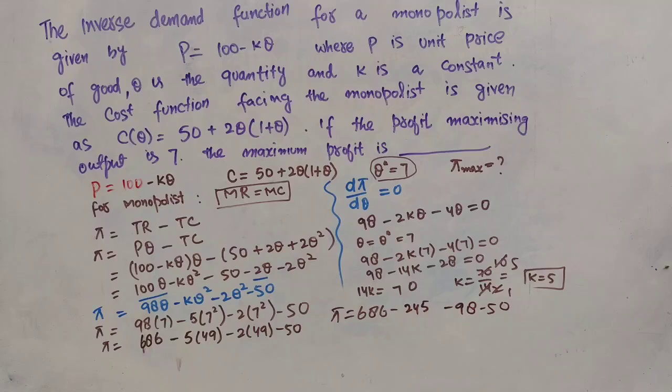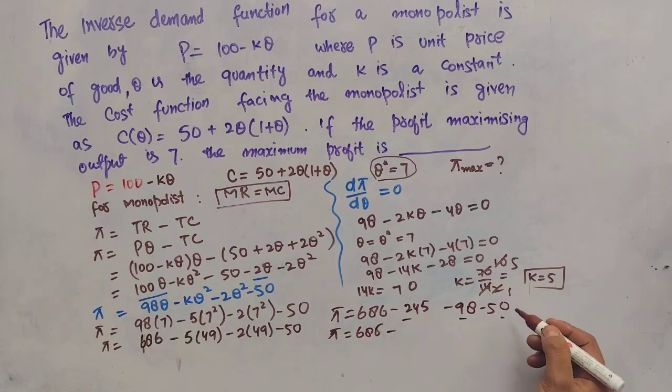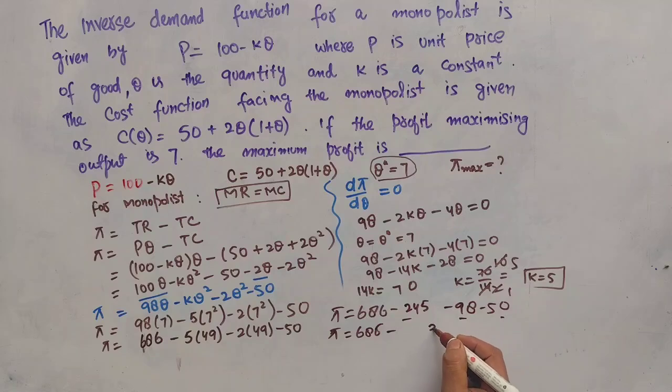Okay, then we need to add these things. So profit will be equal to 686 minus, so we have 0 plus 8 plus 5, so here we got 3.